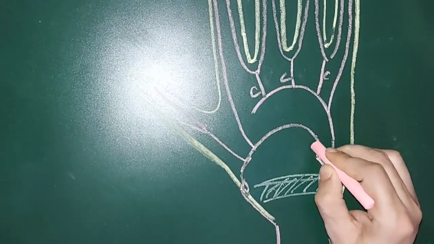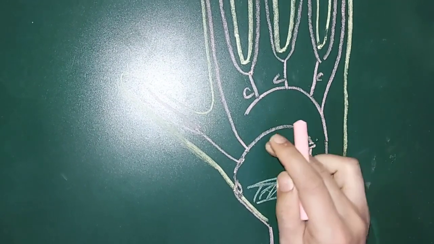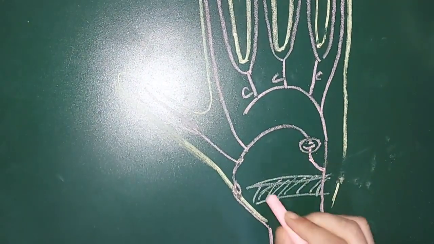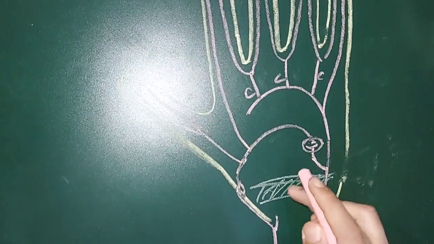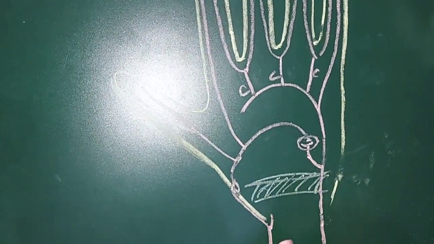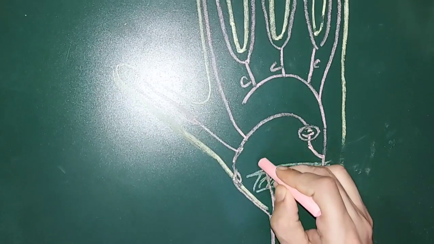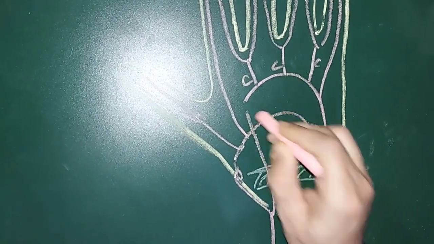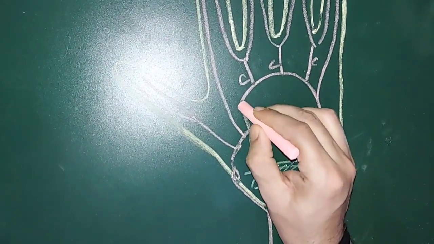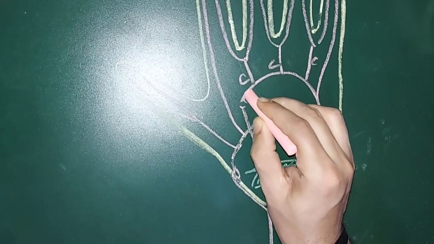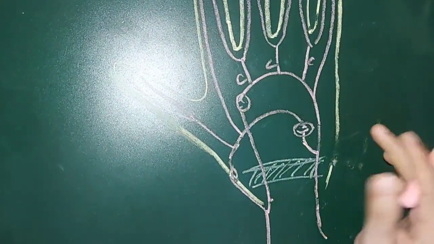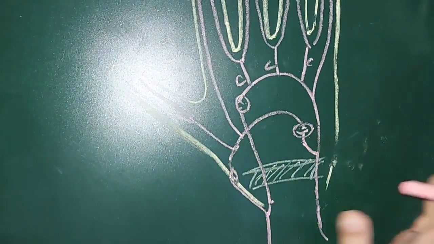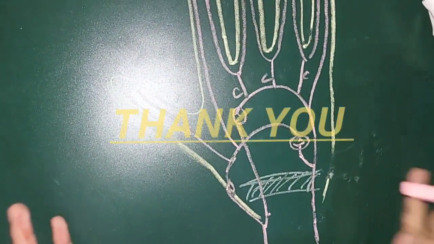This deep branch of the ulnar artery meets with the deep palmar arch and completes it, and there is a superficial branch of the radial artery that comes superficial to the flexor retinaculum and moves more distally. This superficial branch attaches with the superficial arch and completes it. So that's all. This is the complete palmar arch.